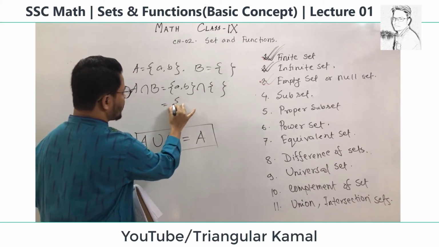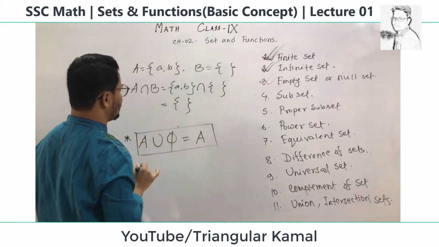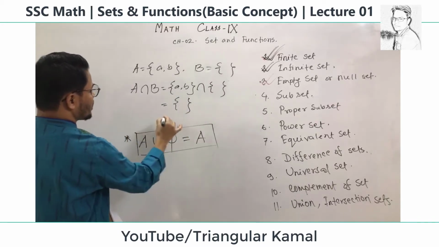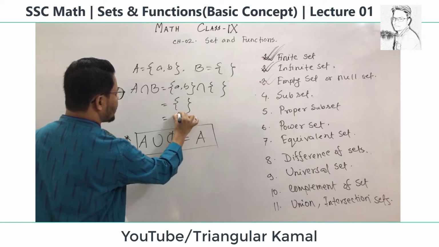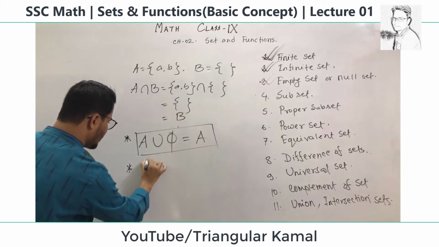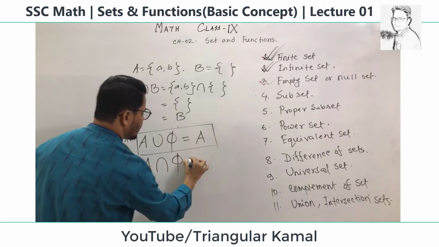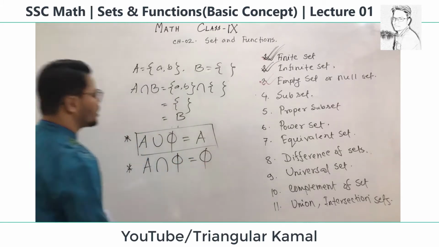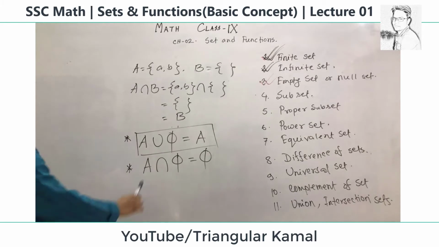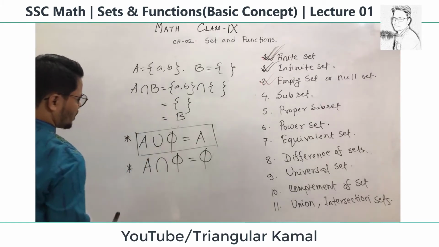There are no common elements, so in terms of intersection, we will get the empty set. So for any set A, if we find the intersection with the empty set, the result will be the empty or null set. So this is the union and intersection, number 2.